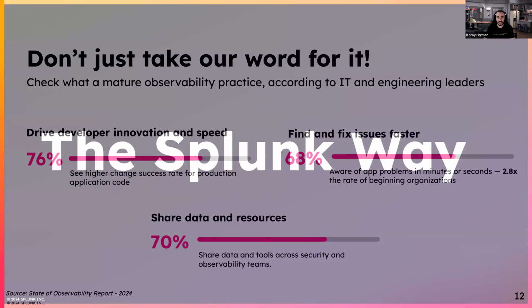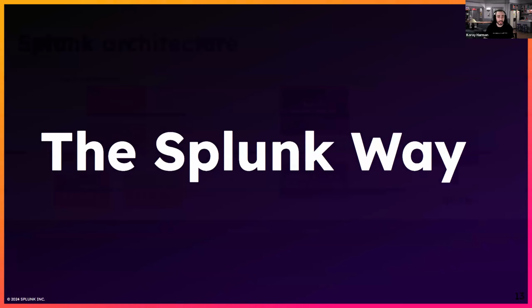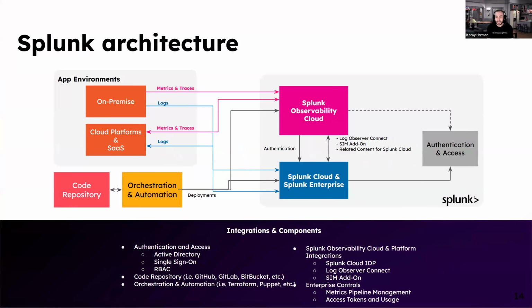Okay, so the Splunk way. How can we help you towards building this great model, being self-service and really agile? Well, at a high level view, all the parts of the puzzle, this high level architecture, the things that make up what we're talking about is, of course, your Splunk Enterprise, your Splunk Cloud, and your Splunk Observability Cloud platform.